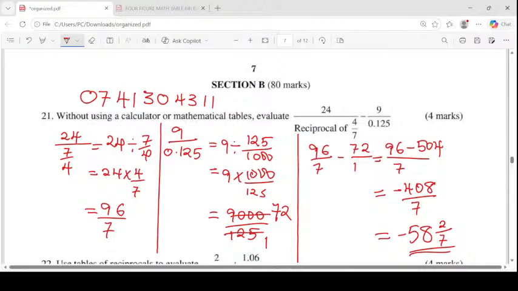That is how you approach that particular question, ladies and gentlemen, to earn your 4 big marks.